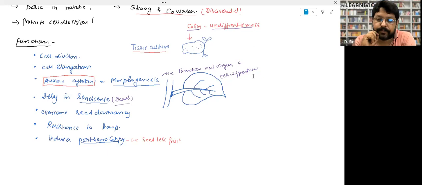Full stop. The same mixture is used in seedling formation in the callus.